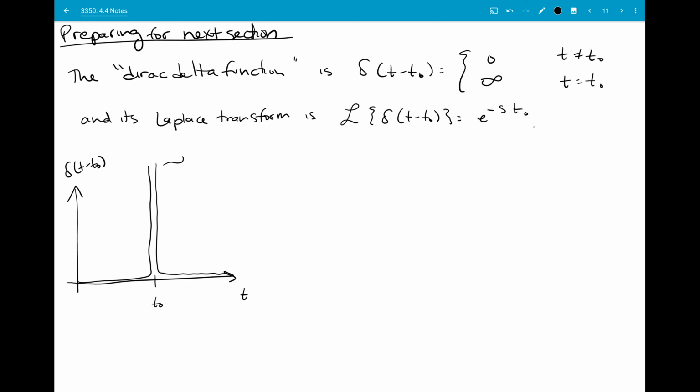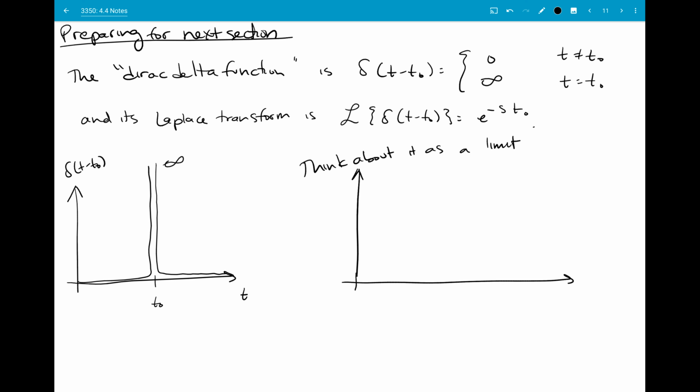There's that thing up at infinity right there. And the way you can think about the delta function is as a limit, and probably that's not making it more intuitive for you. So we're going to think about it as squishing another function.